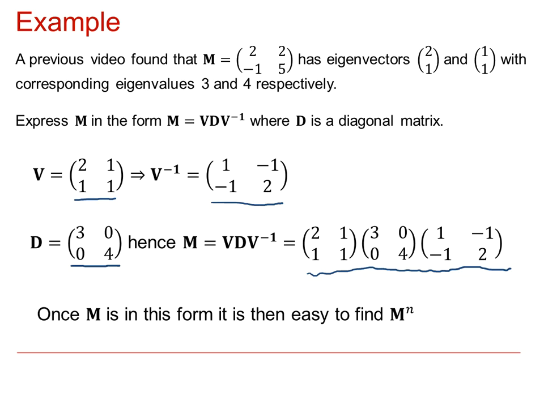The same process would be true if it was a 3 by 3 or indeed an n by n matrix. We take the eigenvectors, calculate the inverse of the matrix formed using those vectors, and then the diagonal matrix has the eigenvalues on its leading diagonal. One of the main points of this is that we can then find M to the power n very easily, and that's what we'll look at in the next video.